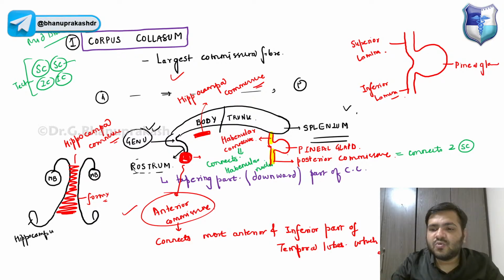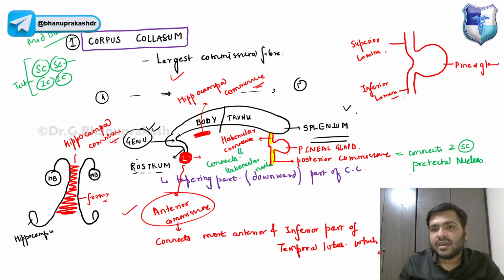Now it connects the two superior colliculus. Okay, we have something called the pretectal nucleus. Okay, we also have the accessory oculomotor nucleus.